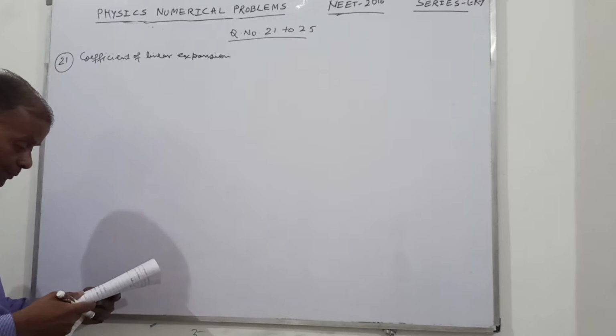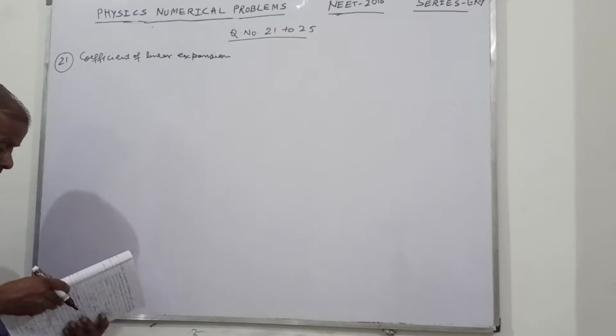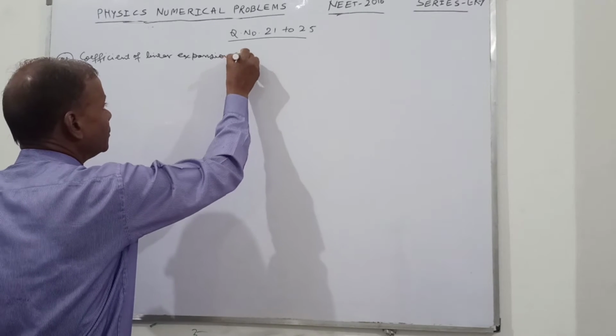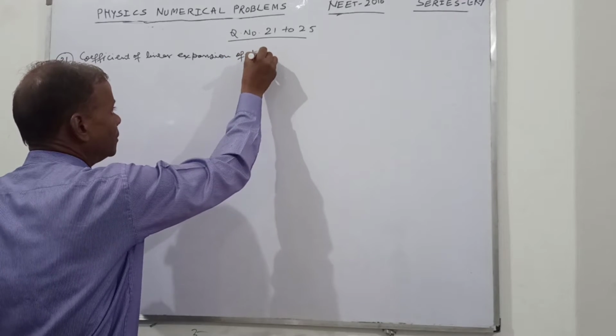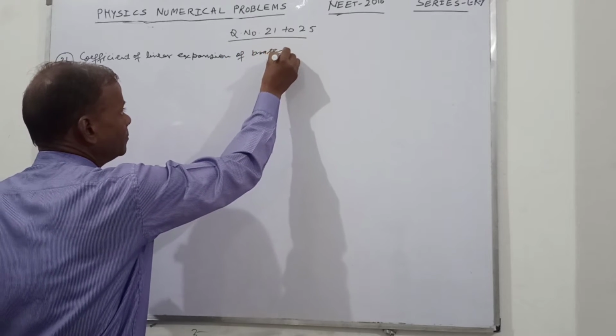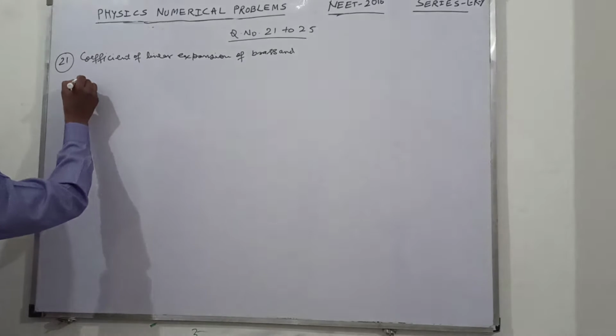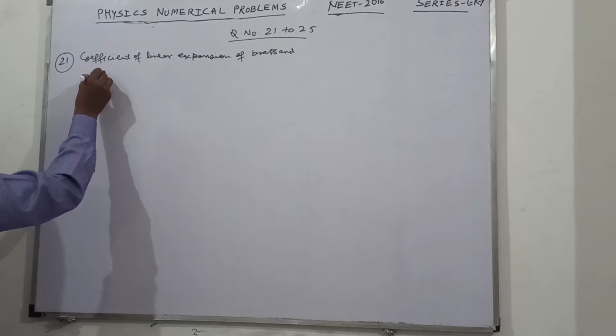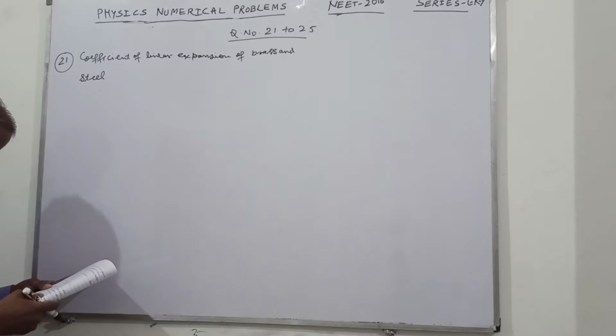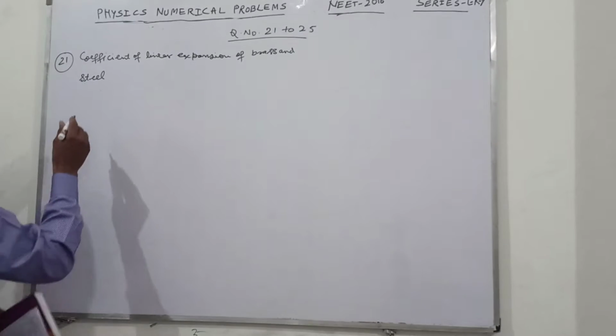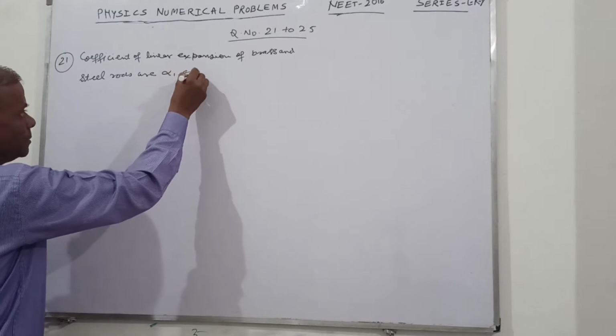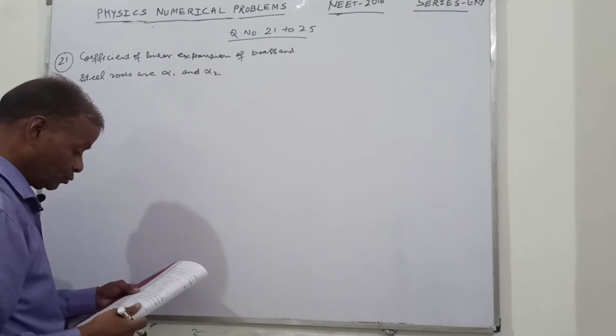The coefficients of linear expansion of brass and steel rods are alpha 1 and alpha 2.